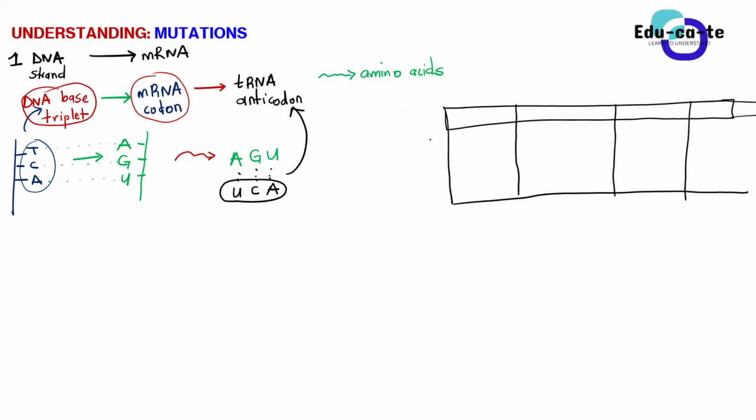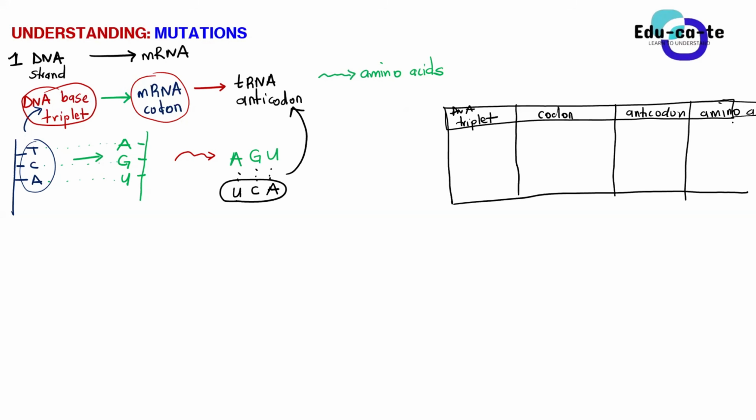So let us start here with a DNA base triplet. Then let's follow with an mRNA codon, then a tRNA anticodon, and let's end with an amino acid. So they will give you a table like this.